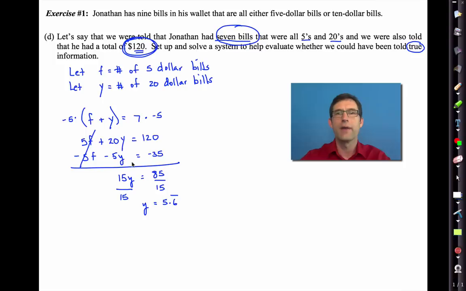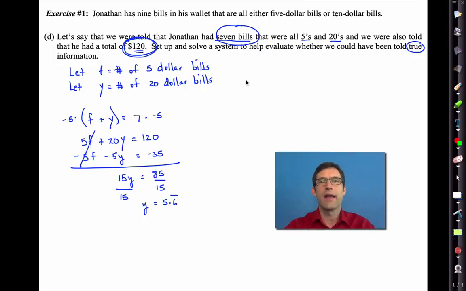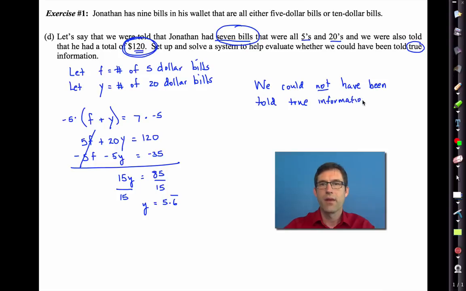All right. The final analysis is we could not have been told true information because we cannot have a fractional number of 20s.